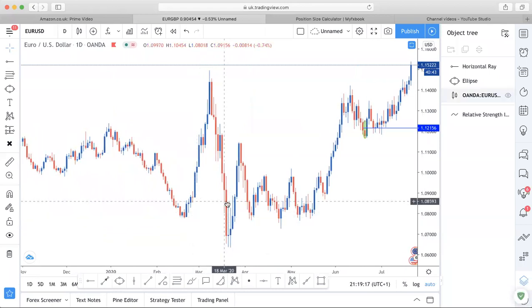The last red candlestick, this one, before this bullish move, and the last blue candlestick before the bearish move. Price was going up, up, up, and when it was coming down, it created this last blue candlestick right here, and then price dropped. Once price dropped, it comes back into that same candlestick they intentionally created, and price will drop again. So that is going to be your entry. I hope that makes sense.